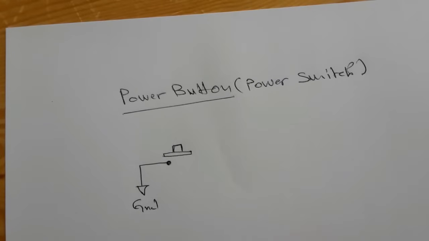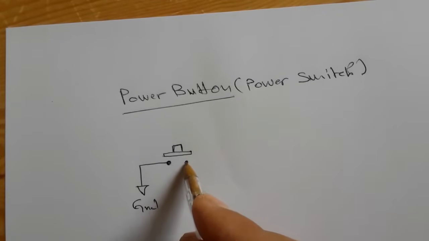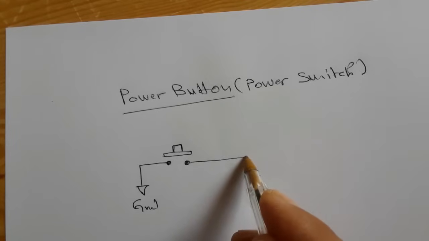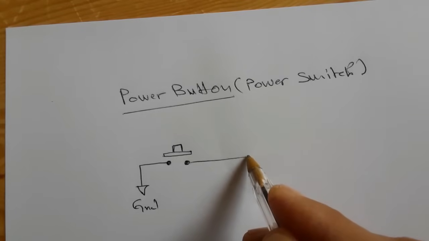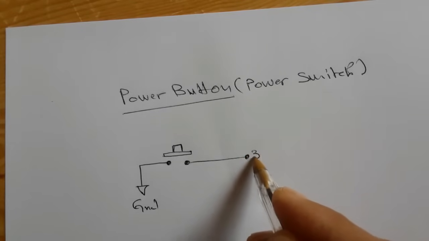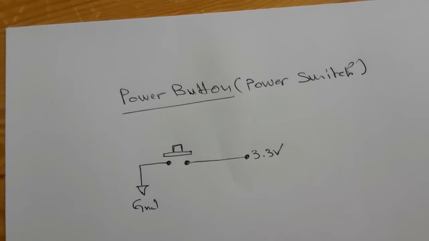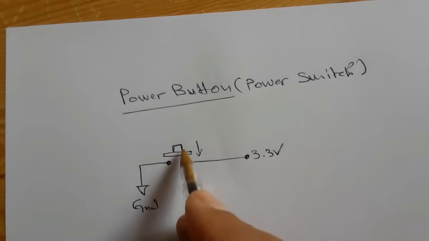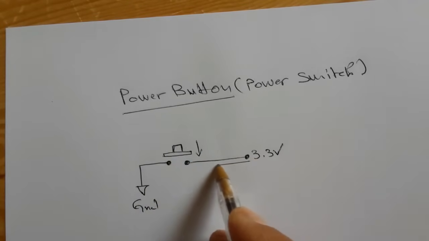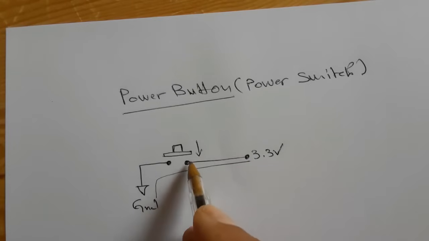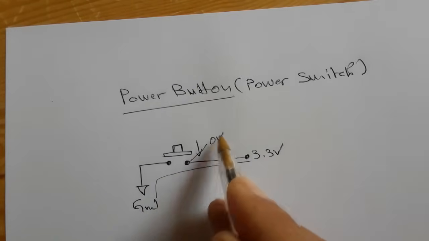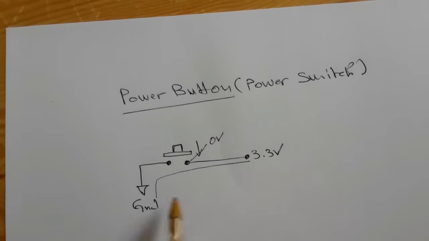And over here, let's draw the second terminal that is connected to the power rail or to the 3.3 volt. So when you check the power switch, you should find 3.3 volt in one terminal. When you press the power switch, the 3.3 volt will become 0 volts because you connect between the power rail and the ground. You will get 0 volt and the laptop will be on.